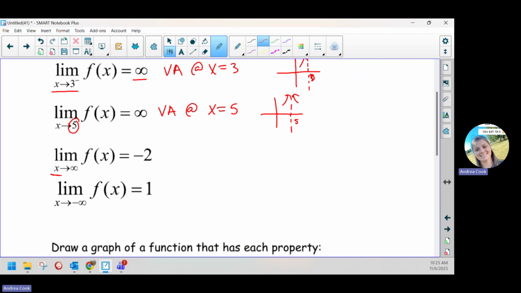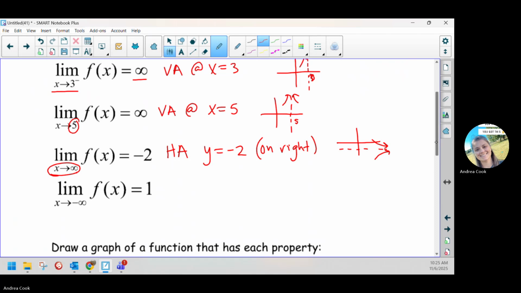When I take limits to infinity, that gives me horizontal asymptotes. So this will be a horizontal asymptote at y equals -2, but it's only positive infinity, so it's only on the right end of the graph. So when I look at my graph at -2, it's either going to do that or it could do that, depending on where the graph's coming from.